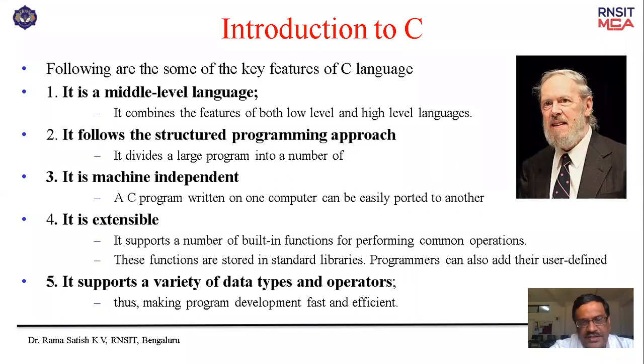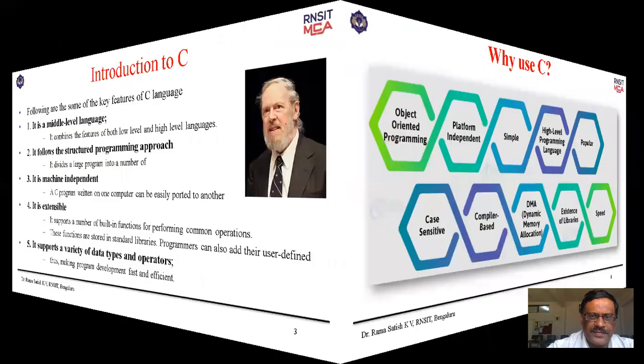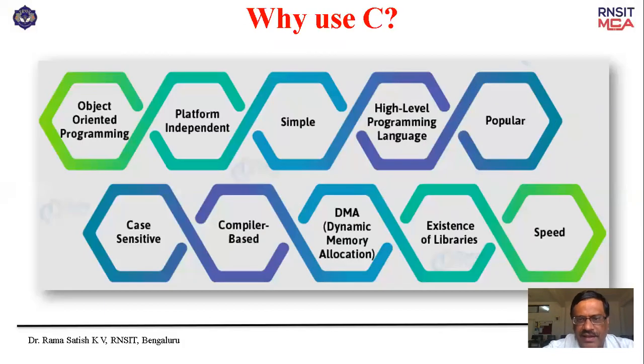If you don't write these points, the evaluator, who has not studied anything other than your textbook, will definitely not give marks, since it is prescribed by the university in the syllabus. So you are supposed to write from the prescribed textbook all the points that are there. So please note down these 5 points as key features of the C programming language. The same thing I have written diagrammatically.